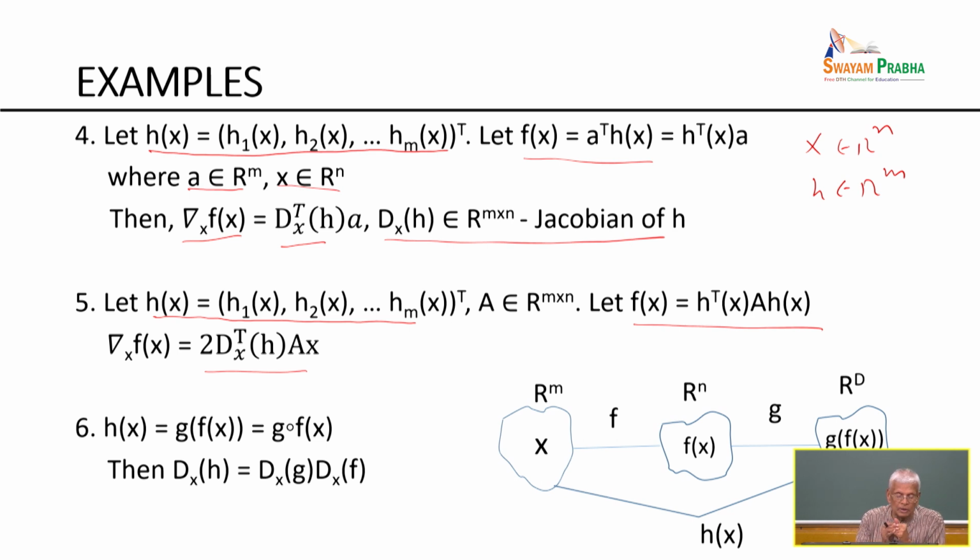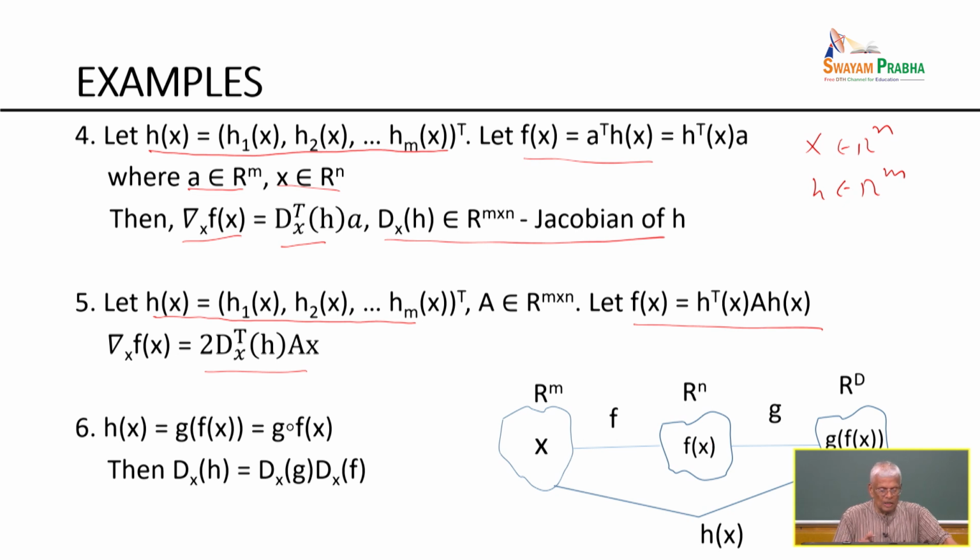So, the next one is composition of functions. Suppose f is a function from Rm to Rn and g is a function from Rn to Rd. With me? Then I am going to define a function h from Rm to Rd. So h is a combination of f and g. To compute h, I first apply f and then followed by applying g.